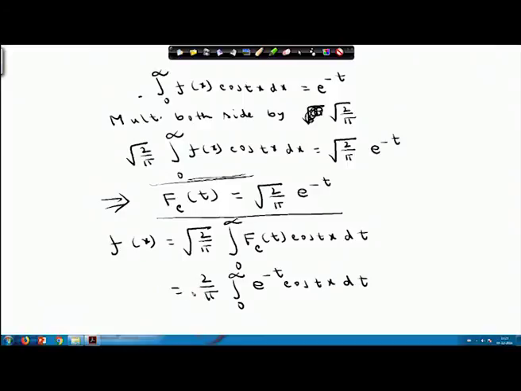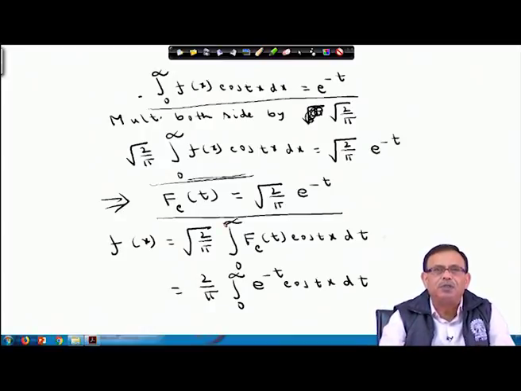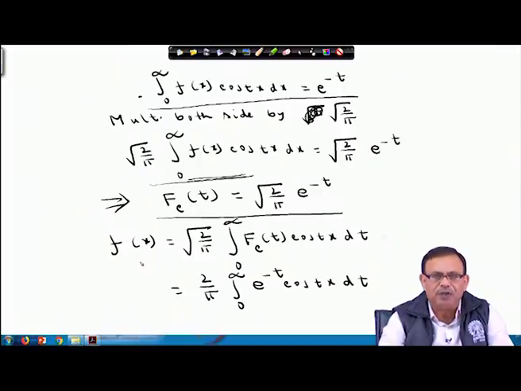So, effectively, multiplying both sides, I am getting the Fourier cosine transform. Then using the inverse Fourier cosine transform, I can tell what f(x) is.